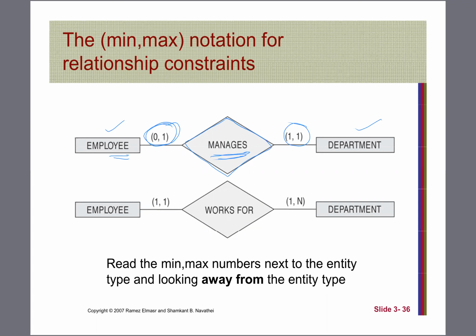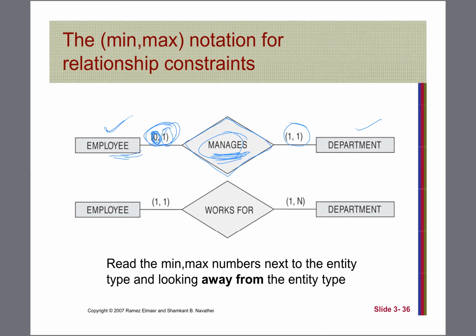What do you mean by that? The minimum participation of every employee in the manages relationship is 0. Not every employee is a manager, so it is 0. A couple of employees are not contributing to this relationship, so it's not complete participation. Minimum is 0 participation. And what is the maximum? 1 of the employees will be a manager to the department, so it is 1.